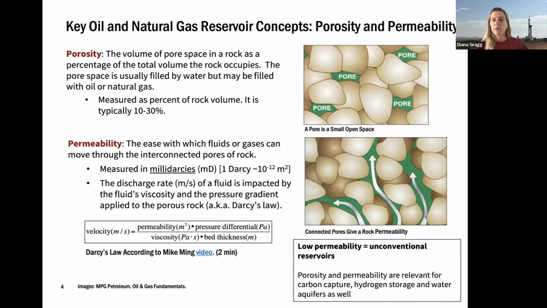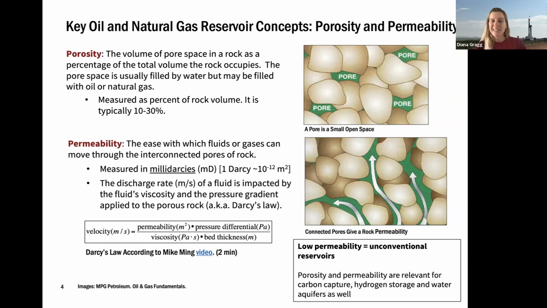We typically are looking for porosity of 10 to 30%. Just to give you a visual of that, concrete has a porosity around 15, 20%. So you're thinking about very, very small pore sizes, but that is where the oil and gas is in the rock. That's what we're trying to gather the oil and gas from, those little tiny pores.